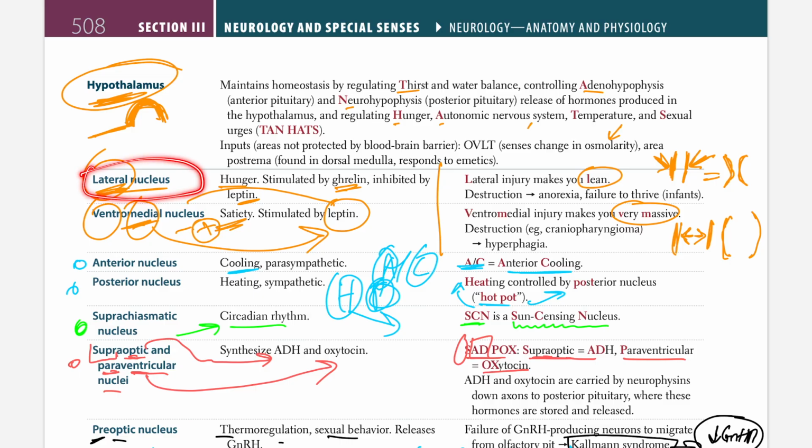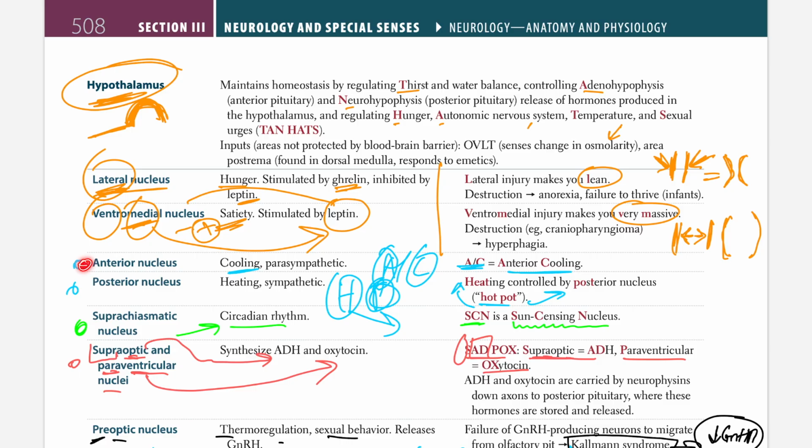You have the lateral nucleus. Lateral nucleus is supposed to make you hungry, but if you have an injury to that, you will be lean. It is stimulated by ghrelin, inhibited by leptin. Ventromedial nucleus stimulates satiety, but if you have a VM injury, for example in craniopharyngiomas, it leads to hyperphagia.